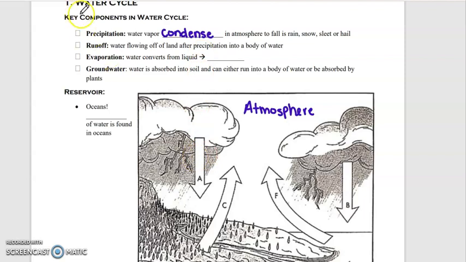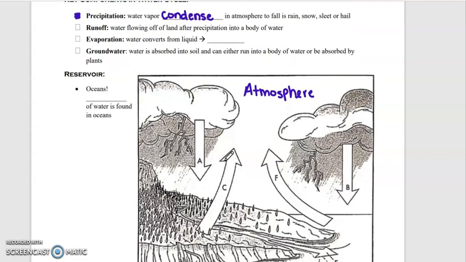And so that is going to be shown, and I'm going to color this little box purple. I think yours have a unique shape, but it should be a box. But you can maybe make a little mark next to precipitation. And we're going to look to our diagram and look for some arrows that are showing water going from the atmosphere to Earth.